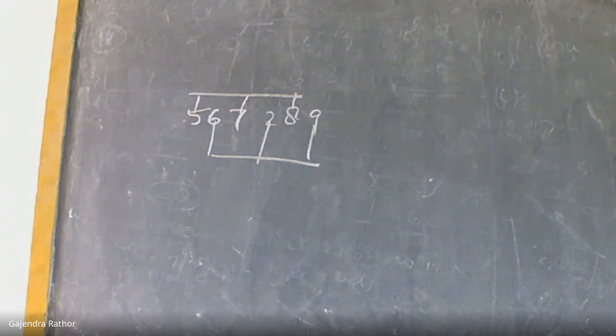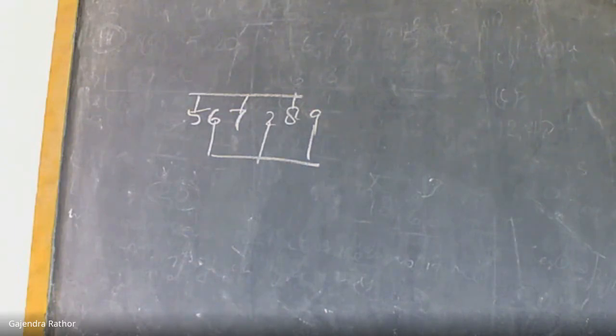We just have to find the sum of the digits. If the sum is a multiple of 9, then the number is divisible by 9. If the sum is not a multiple of 9, then the number will also not be divisible by 9. Pratiksha, give any example?